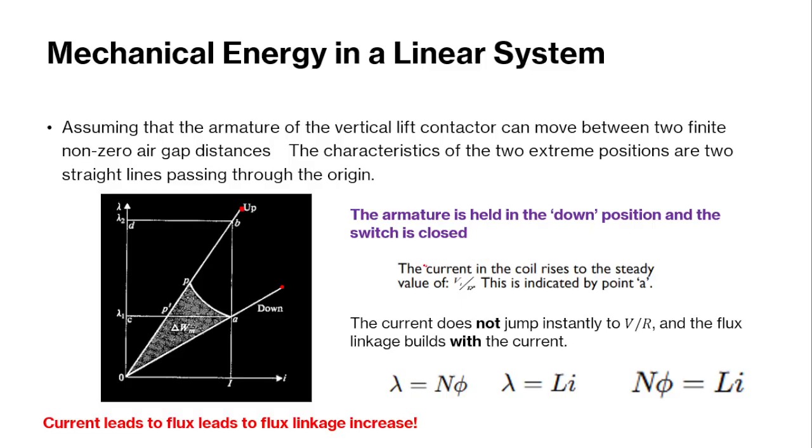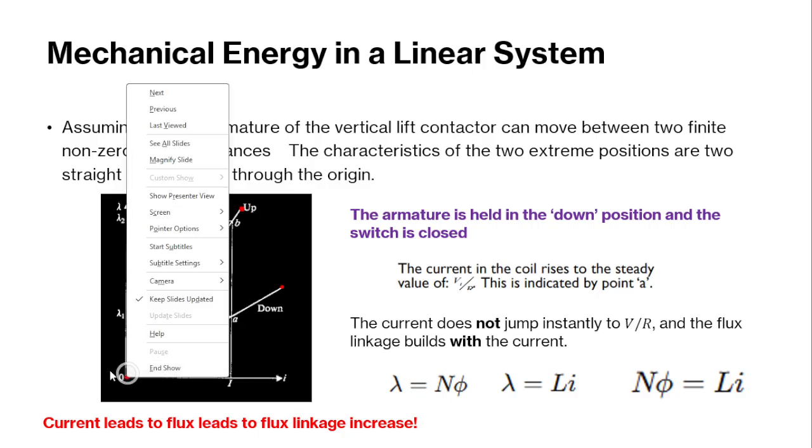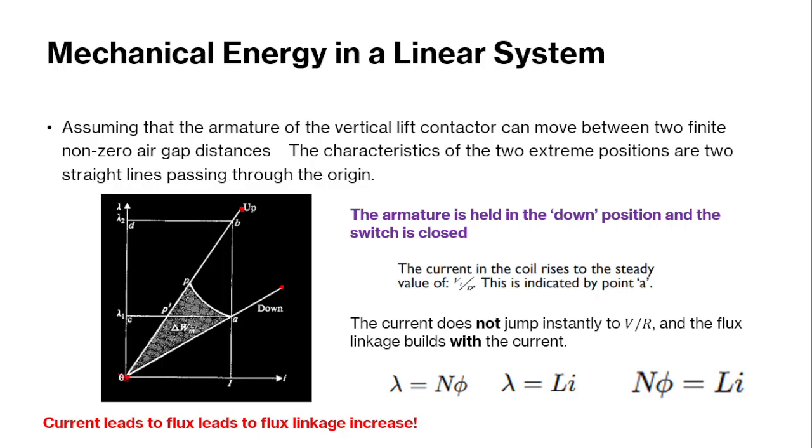So the current in the coil rises to the steady state of V/R. At this point, your flux linkage is zero and your current is basically zero. The moment you close the switch, we know the current will increase, and as the current increases, the intensity will increase.